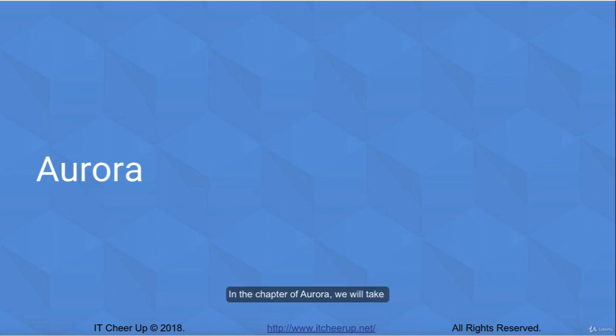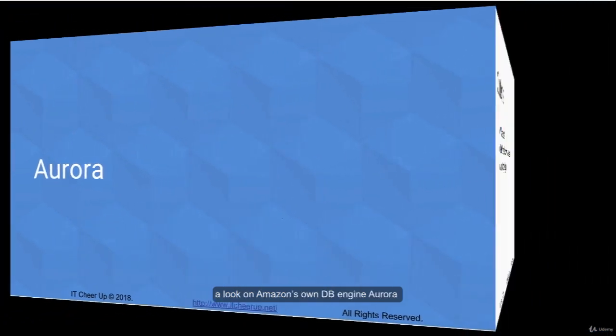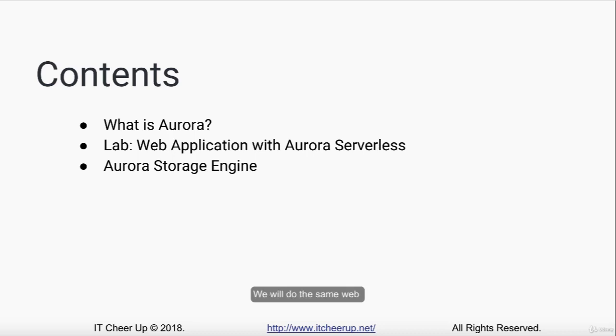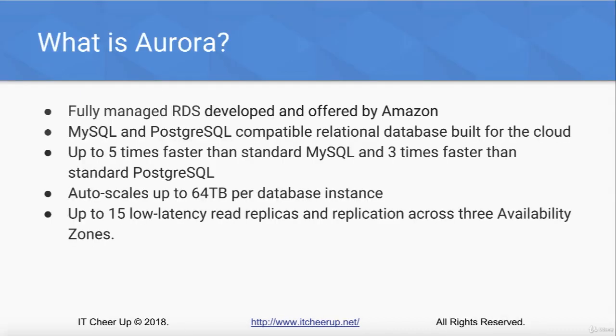In this chapter on Aurora, we will take a look at Amazon's own DB engine, Aurora. We will do the same web application lab, but with Aurora Serverless in VPC. I will explain the Aurora storage engine, which is different from the RDS DB storage engine.